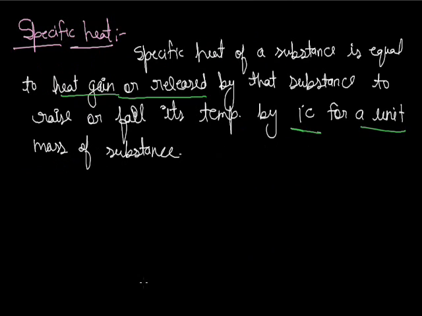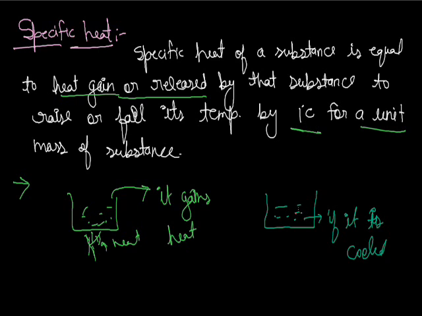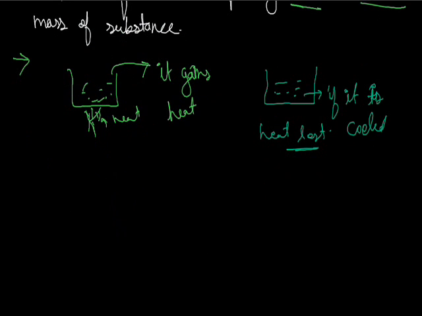On the other hand, heat is lost when the body is cooled. If a body is heated, that means its temperature rises, or it gains heat. And if a body is cooled, that means heat is released, heat is lost. That means the gain or loss of heat is directly proportional to the following.